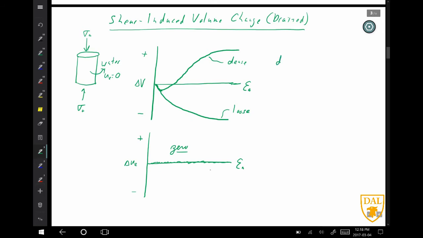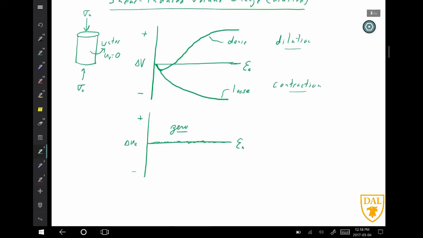So we have dilation and contraction. Or dilative and contractive behavior. Okay, so the bottom line of all this is it has no real change in pore pressure, but a change in volume.